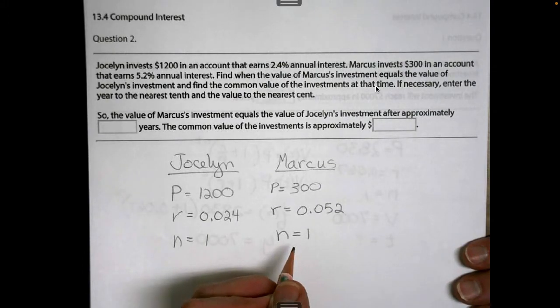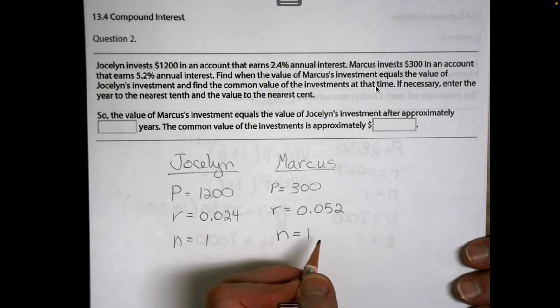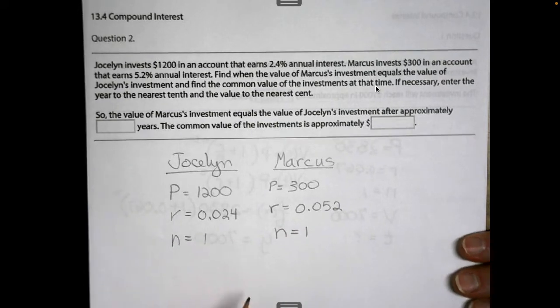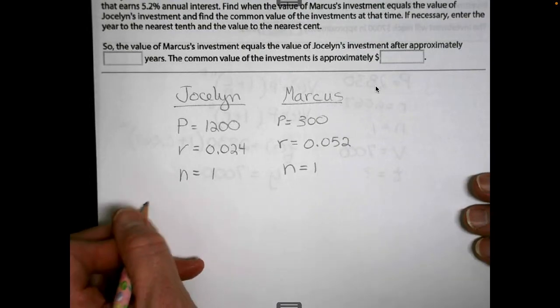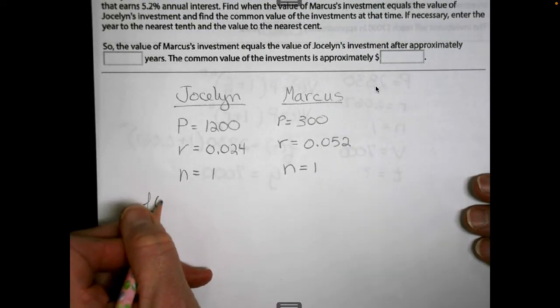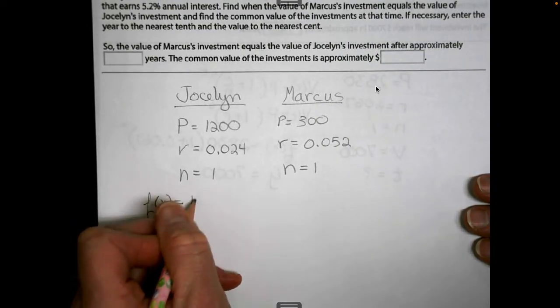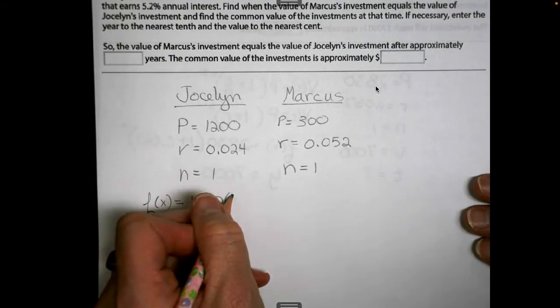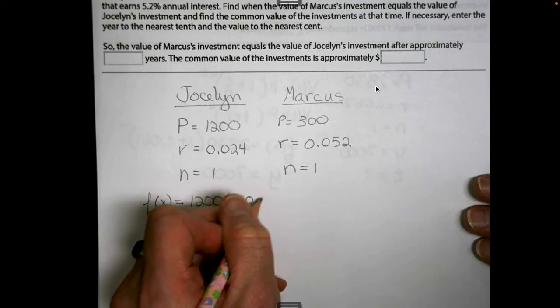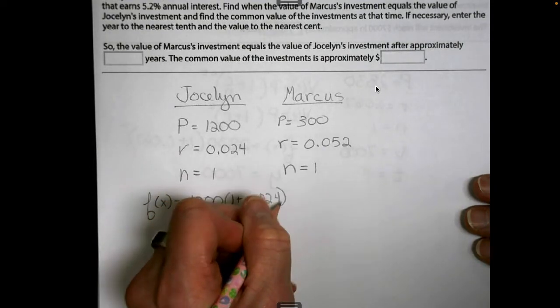So we've got to find at what point in time these two curves meet. My function for Jocelyn is going to be 1,200 times 1 plus her rate to the x power.